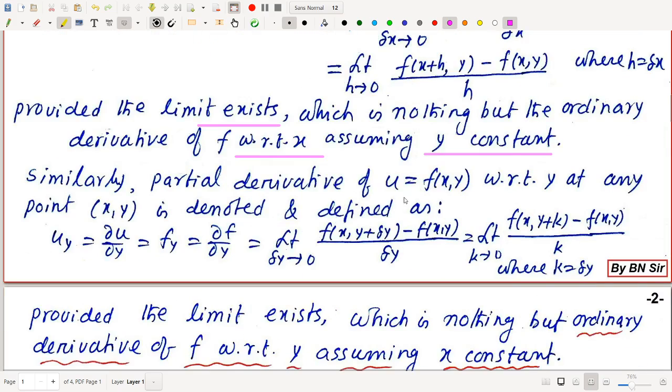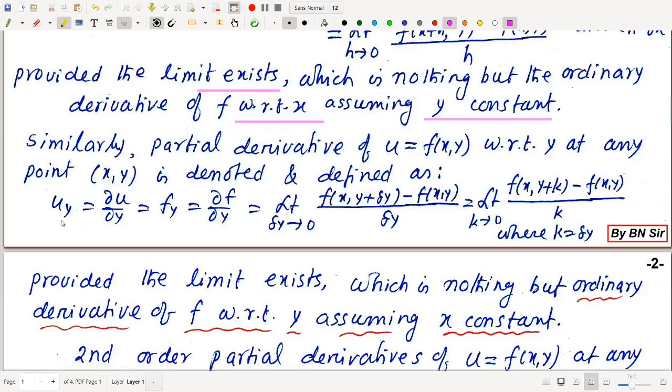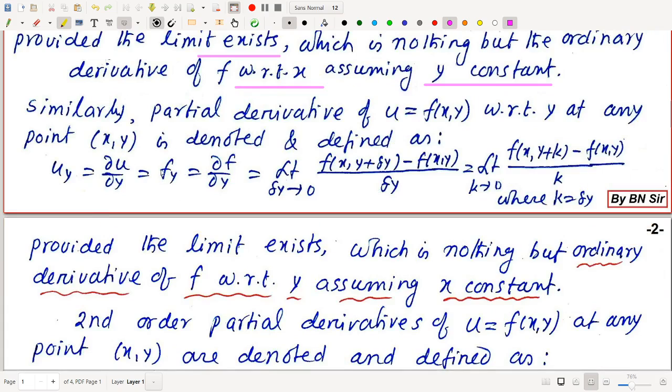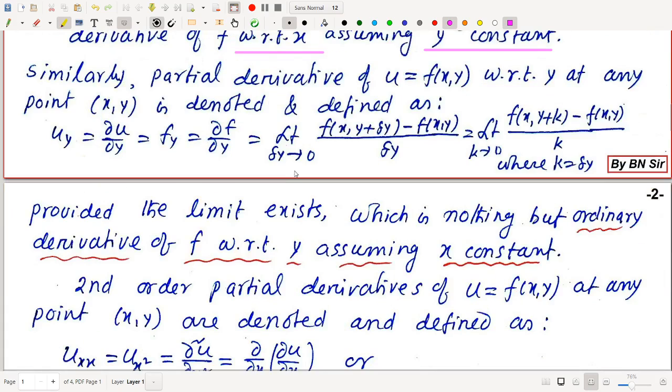Similarly, the partial derivative of u equal to f of x, y with respect to y at any point (x, y) is denoted and defined as u suffix y or del u by del y, f suffix y or del f by del y. These are all notations, equal to the limit as delta y tends to 0 of the expression f of x comma y plus delta y minus f of x, y by delta y.